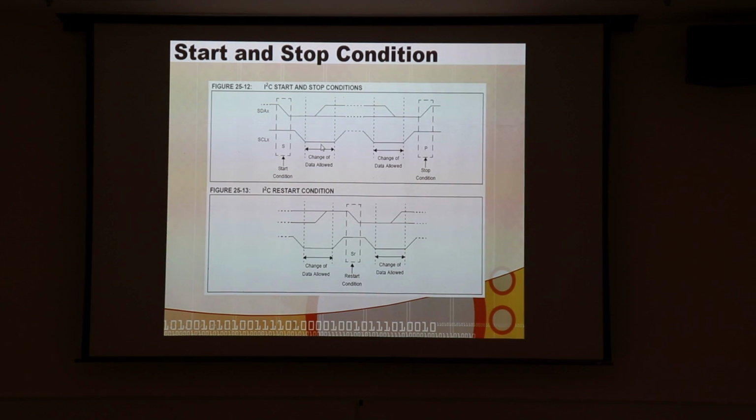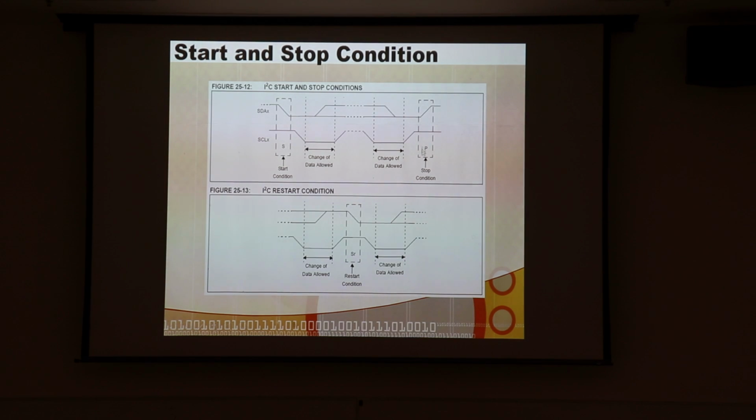So when you want to send out a 1, you would let the data line go high when the clock is low, and then when the clock goes low again, if you needed to send out a 0 you would pull the data line low. And the next time the clock is low, you'd keep repeating that till you send out your 8 bits. So you normally only change the data line when the clock is low.